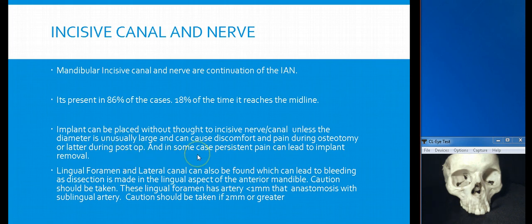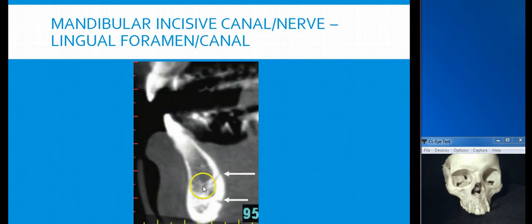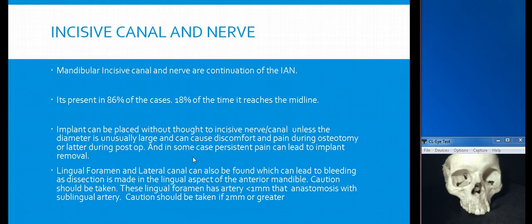In some cases, there is literature about persistent pain that can lead to implant removal. So if you have a patient who consistently has pain, and you take a CT scan and can identify a pretty big incisive nerve, then I would recommend staying above it. But in most cases, if it's less than 1 millimeter, you should be okay.